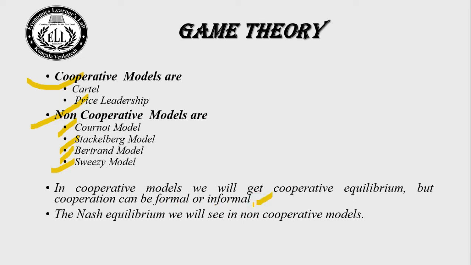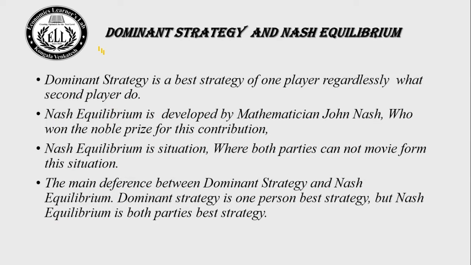It means the collusion can be formal or informal. The Nash equilibrium we will see in non-cooperative game models. It means in the Cournot, Stackelberg, Bertrand and Sweezy models, whatever the equilibrium is, it is called Nash equilibrium. In the cartel and price leadership models, we will see the cooperative equilibrium. Let us go to the next slide.